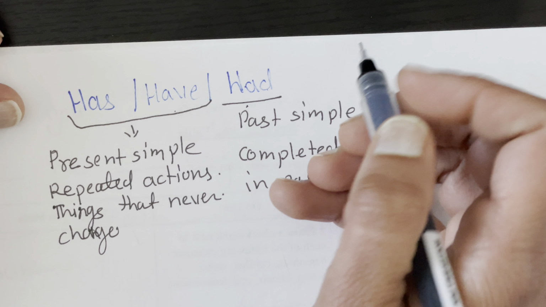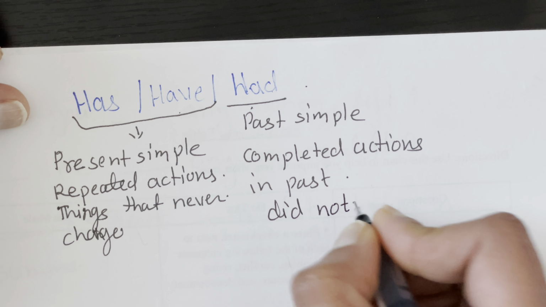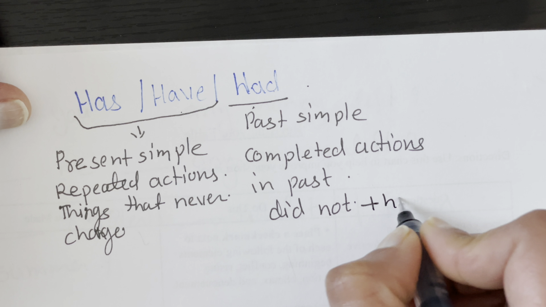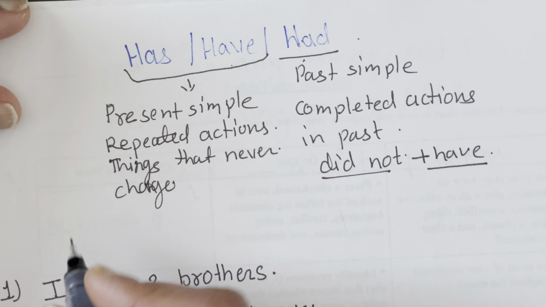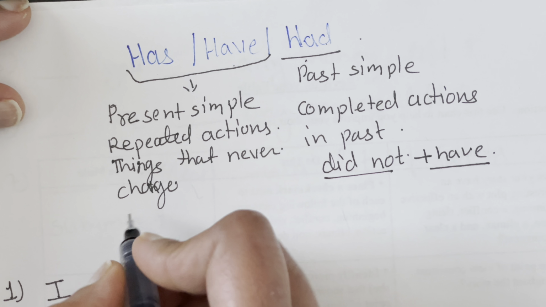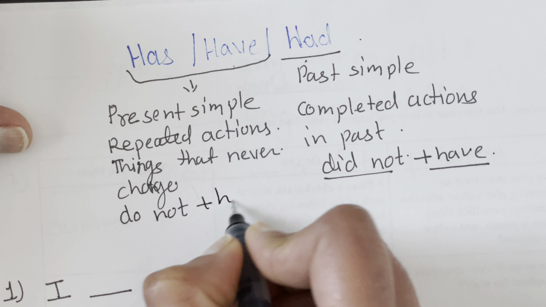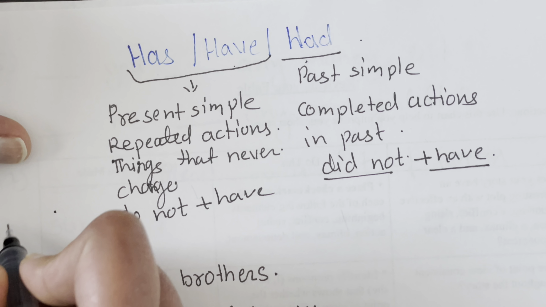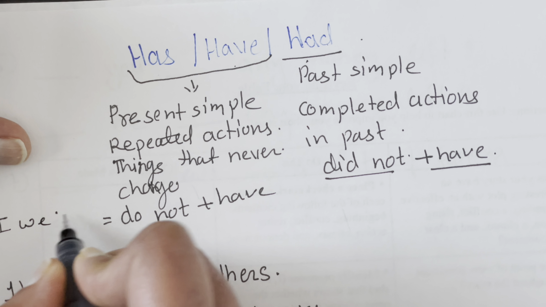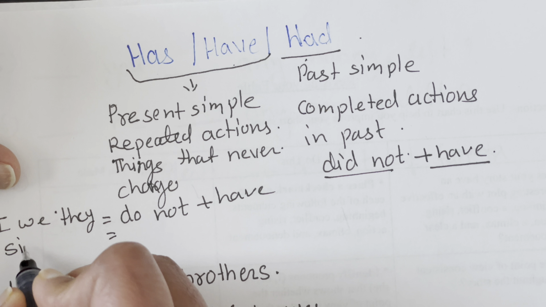Yeah, so for the negative, for had we use did not plus have. And with has and have, to make it negative we use do not plus have in case there is I, we, they or any plural, or a singular noun.